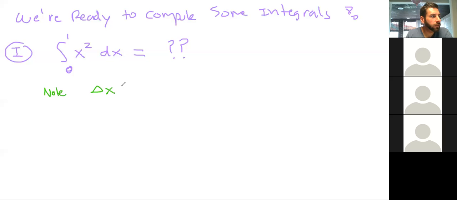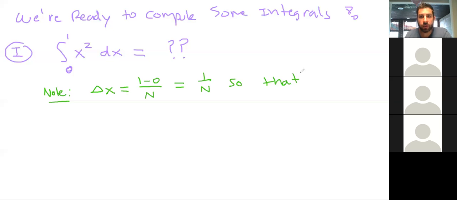So what is our delta x? Our delta x is 1 minus 0 over n. Notice I'm not using 4, I'm not using 8, I'm using n because that's the definition. This is 1 over n. Now, what are my x sub i's? Well, this is going to be challenging. My x sub 1 is 1 over n.